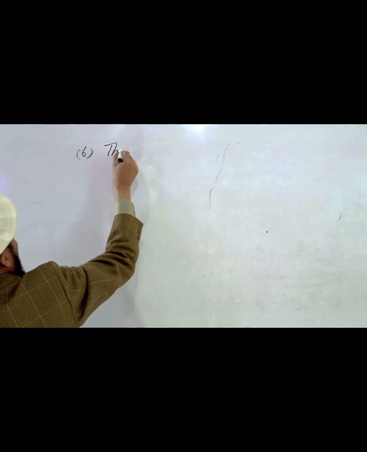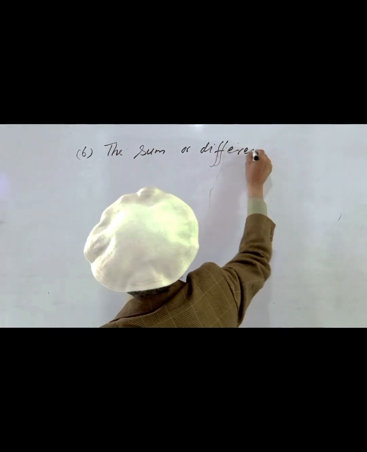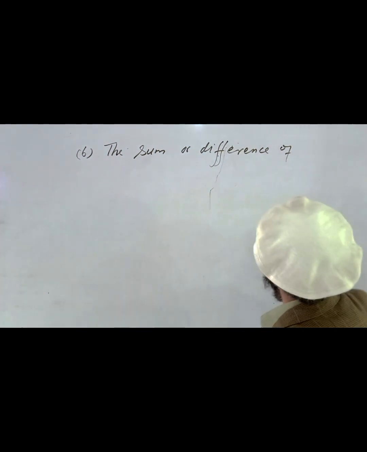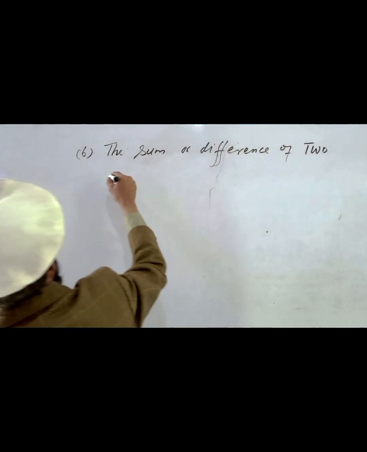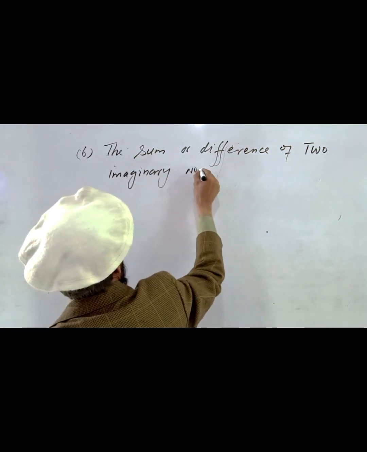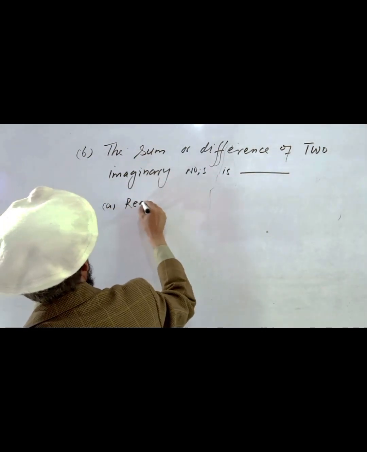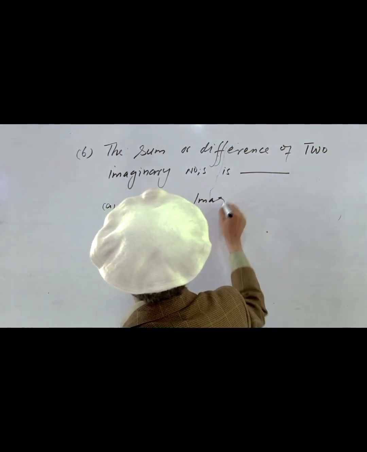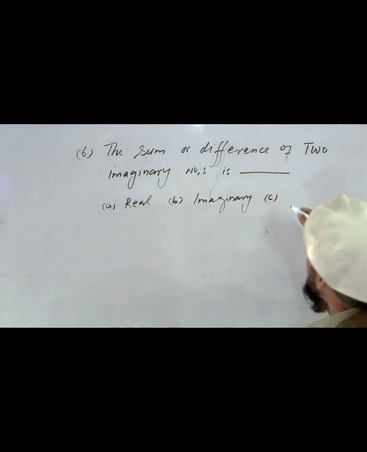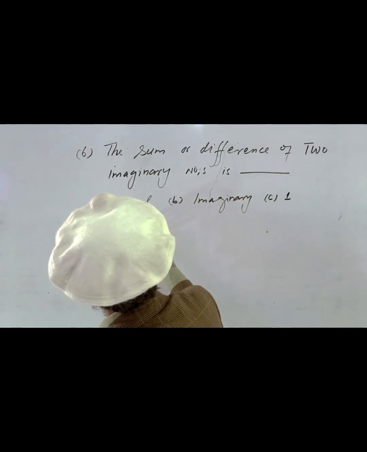So the sum or difference of two imaginary numbers is always what? a) real number, b) imaginary number, c) one, d) neither of them.